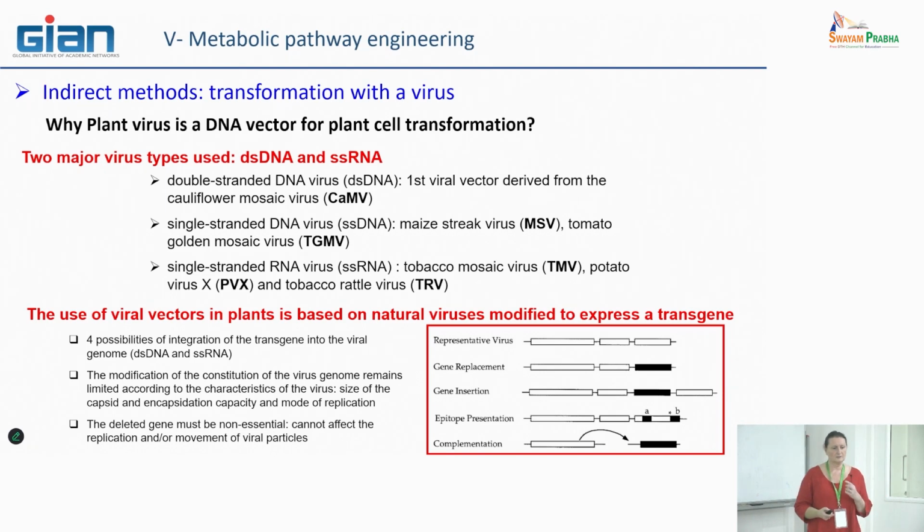The only restriction is that you need to be careful of the final size of your genome sequence, because depending on the capsid, you can't form a bigger capsid. They are genetically programmed to be in a specific volume. So if you increase the size of your DNA or RNA, it will not be possible to make new virus particles. So you need to be careful of that.